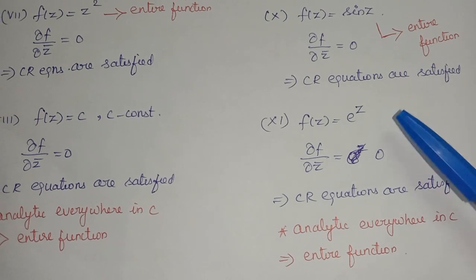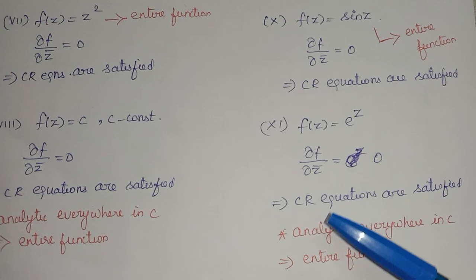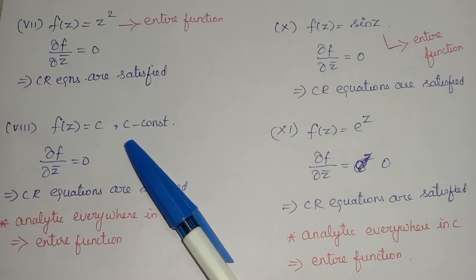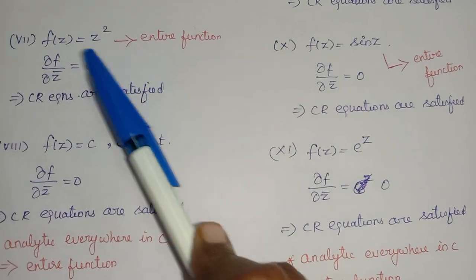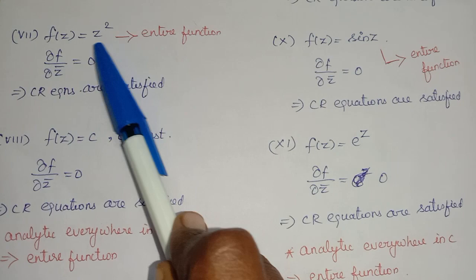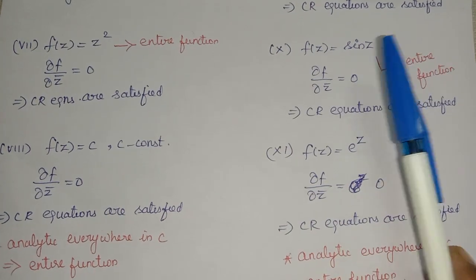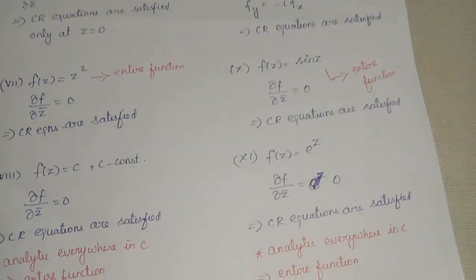Differentiability at all points implies analytic at all points. Therefore, this function is also an entire function. You can remember, every constant function is an entire function, the exponential function is an entire function, every polynomial, for any positive powers, is an entire function, and sine and cos are also entire functions.